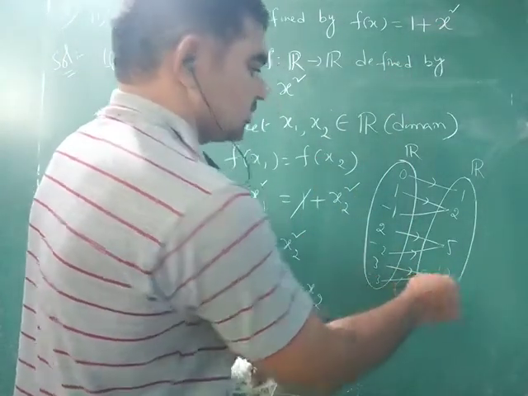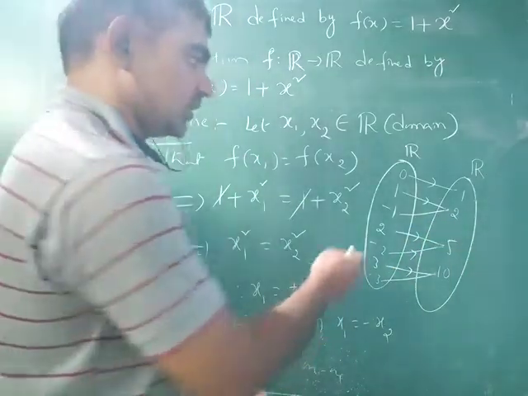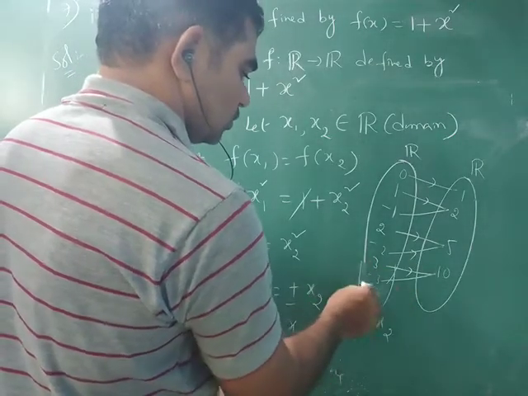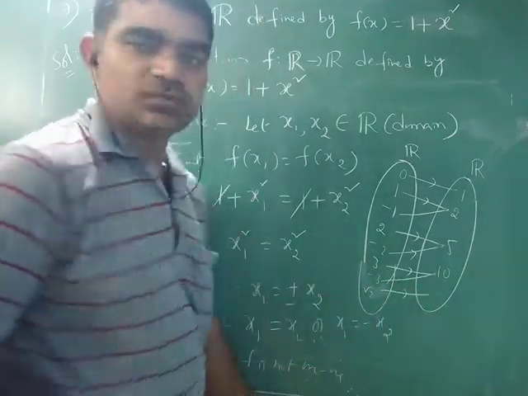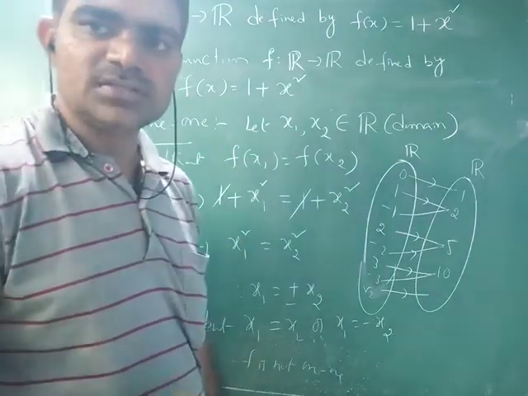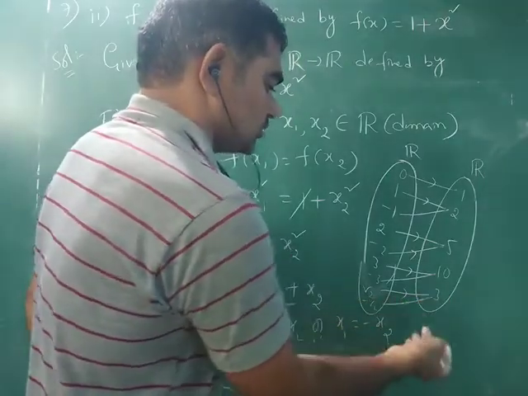For minus 3 also 10 only. You took positives and negatives, right? Suppose I took root 2. For root 2, 1 plus root 2 whole square means 2 plus 1, 3. For minus root 2 also 3.